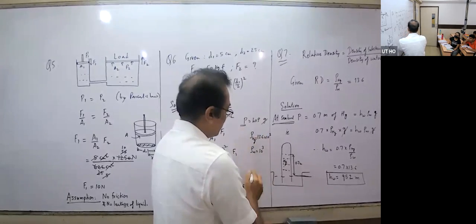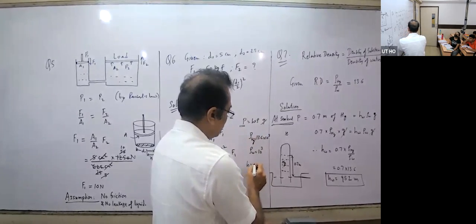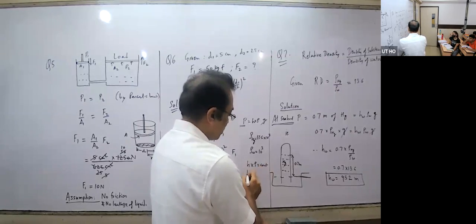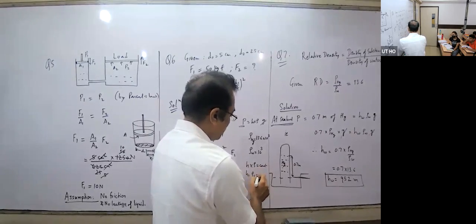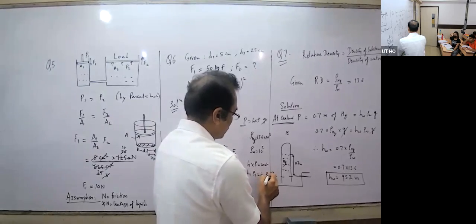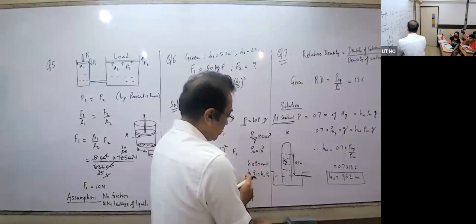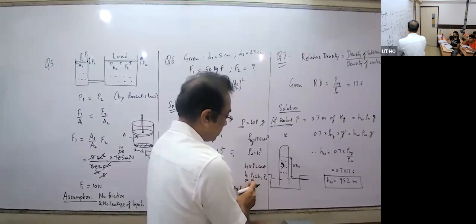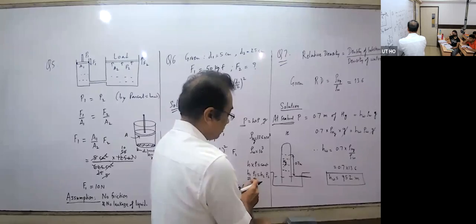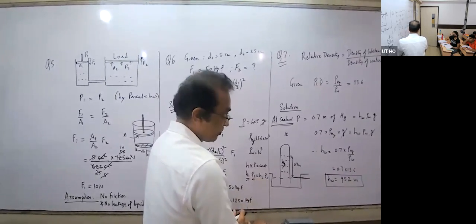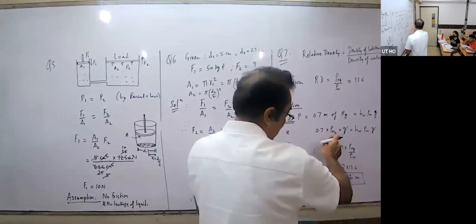So since pressure is same, H into rho is equal to constant. Therefore, H1 rho 1 must be equal to H2 rho 2. So height of mercury into mercury density must be equal to height of anything else into its density. That's what we have done.